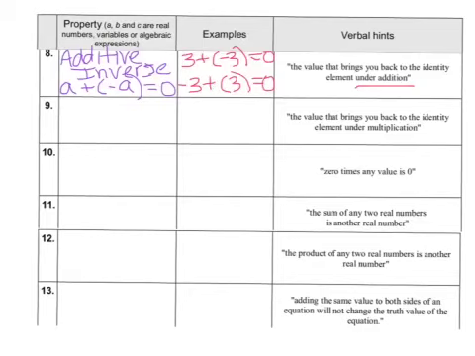Now for the multiplicative inverse, it's a little bit different. So here, if we started with any number a, and we multiplied it by its reciprocal, you'd get 1.